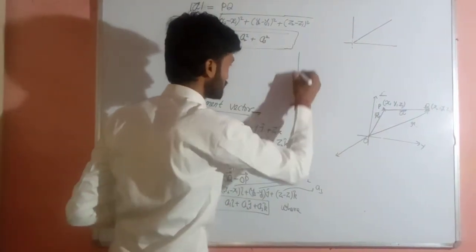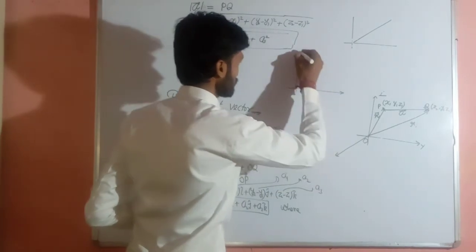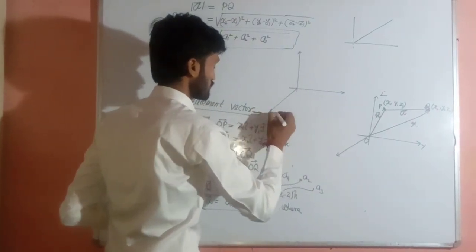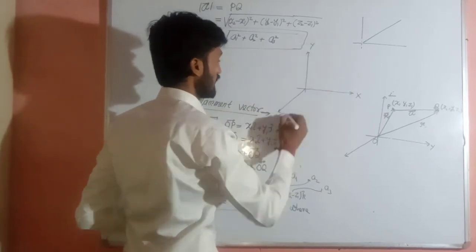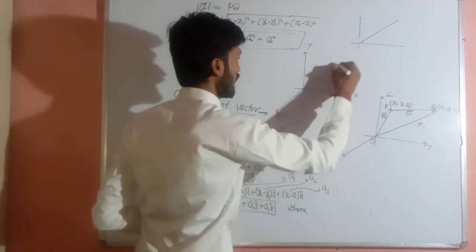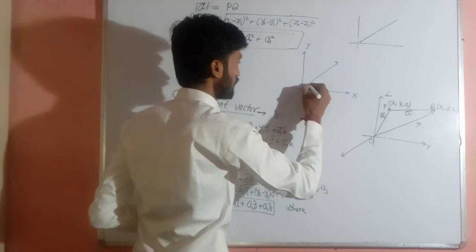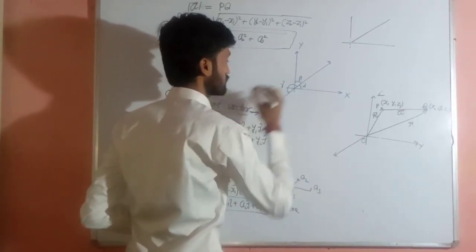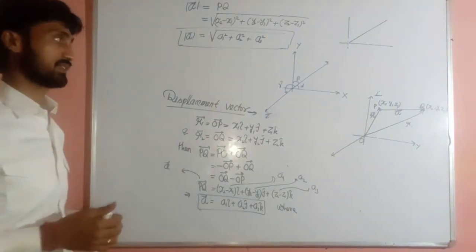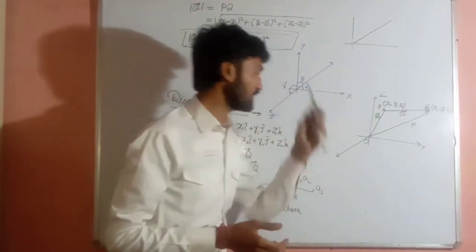In this case, suppose this is the x-axis, y and z, and this is a line. Suppose this angle is alpha, this angle is beta, and this angle is gamma. Okay, then find out the value of alpha.